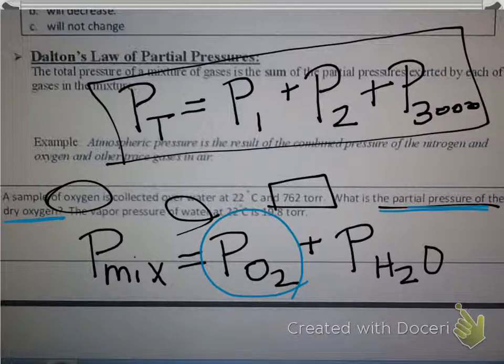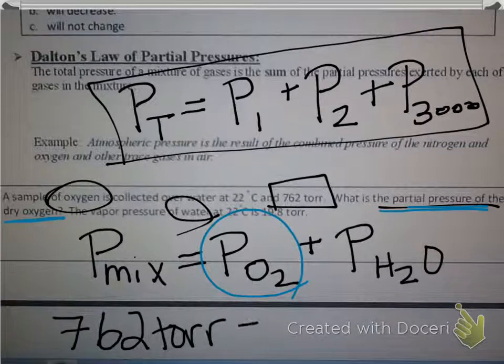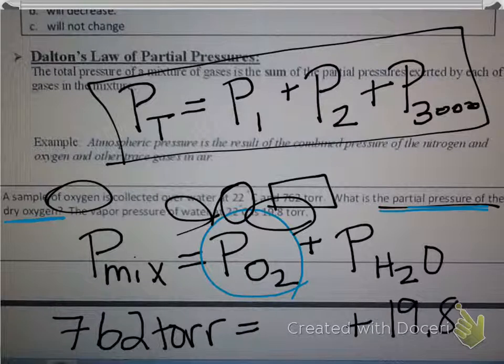We know the pressure of the mixture combined is 762 torr. We also know the pressure of the water. The vapor pressure of water is 19.8 torr at the same temperature. So we have 19.8 torr for water, and we need to calculate the partial pressure of oxygen here.